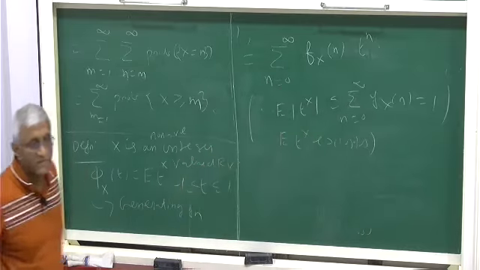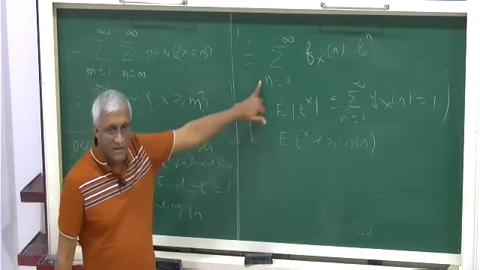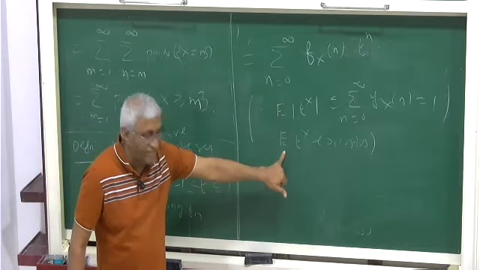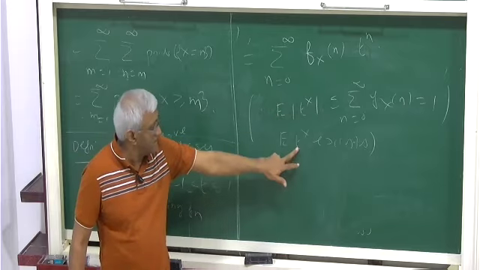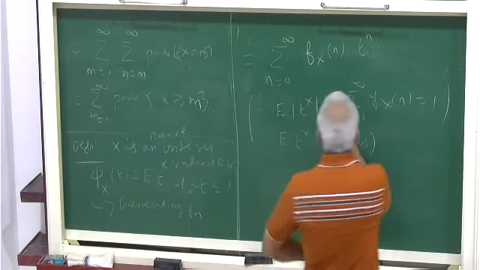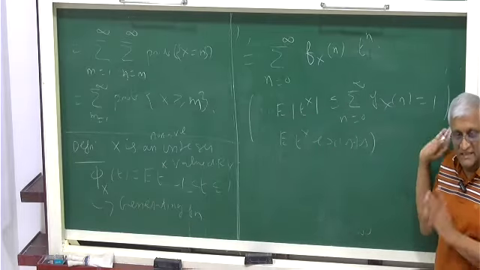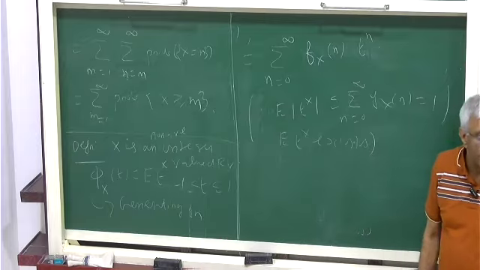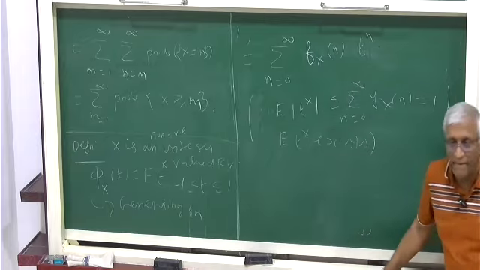That's why this is the definition, and the definition is justified because of this. I am just forgetting the t power x, which is less than or equal to 1. This is just a power series between -1 and 1.